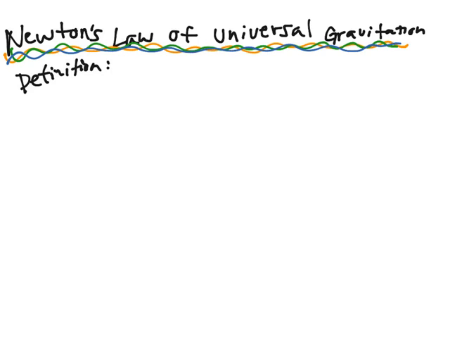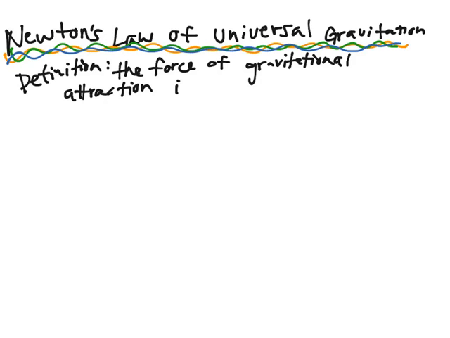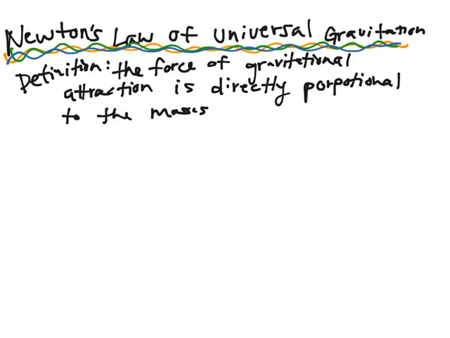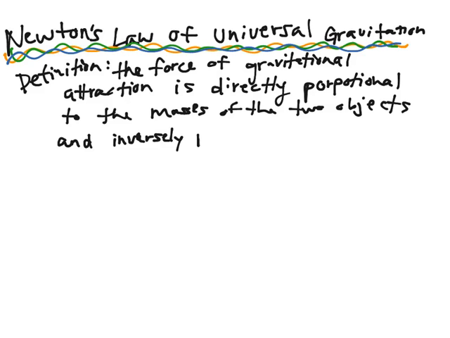Newton's law of universal gravitation states that the force of gravitational attraction is directly dependent or directly proportional to the masses of the two objects and inversely or oppositely proportional.